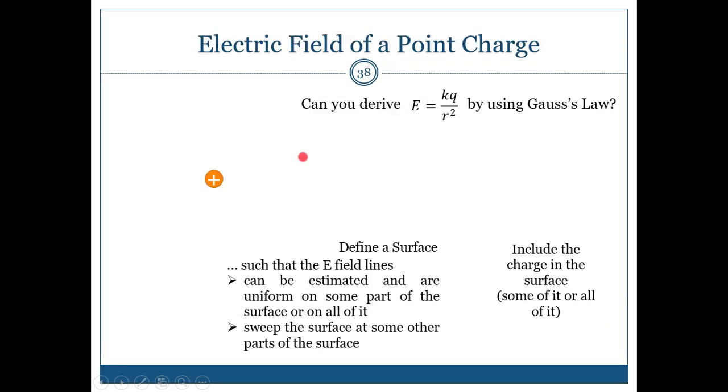Before I go into the line charge, let's do a simpler one, which is the point charge. We already know what the E field is going to be, kQ over r squared. We have introduced this in class, right? So let's try to find this E using Gauss's law. It's like a derivation. First, we need to define a surface on which the E field lines can be estimated, and they have to be uniform on some or all parts of the surface.